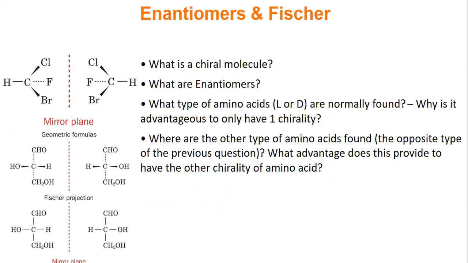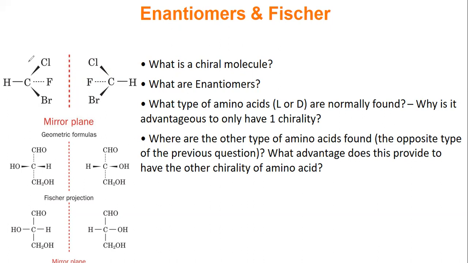I know this set of PowerPoint takes forever. The last thing we're going to talk about are enantiomers and Fischer projection. So the first thing we have to do is, what's a chiral molecule? A chiral molecule is a molecule that cannot be rotated onto its mirror image. So let's remember from organic chem, wedges mean they're coming at you, coming out of the screen into your face.